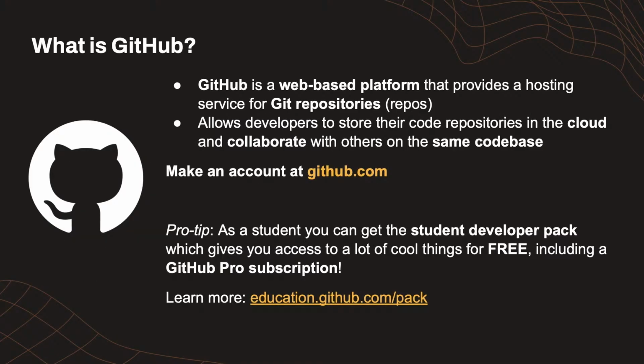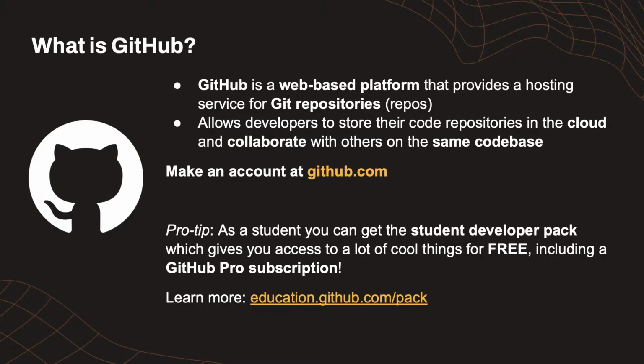GitHub is a web-based platform that provides a hosting service for Git repos, and it allows developers to store the code repos in the cloud and collaborate with others on the same code base. If you haven't made an account already, you can make one on github.com. GitHub relies on Git on the backend. It manages all the merging of branches.